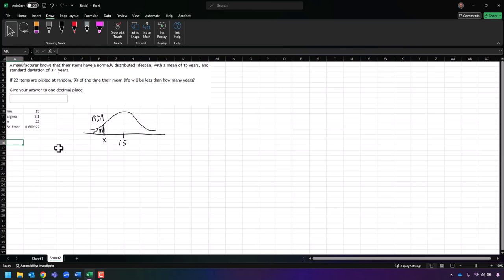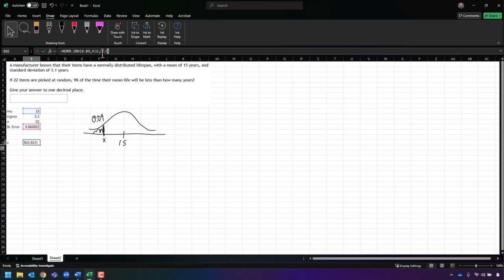Now, since I'm looking for an output, and this is the nice thing about drawing a picture, I'm trying to find a value. So I'm looking for an x, an output. And so I'm going to use the normal inverse here. I know my probability, the low side 0.09, the mean 15, and then the standard deviation switches to the standard error.